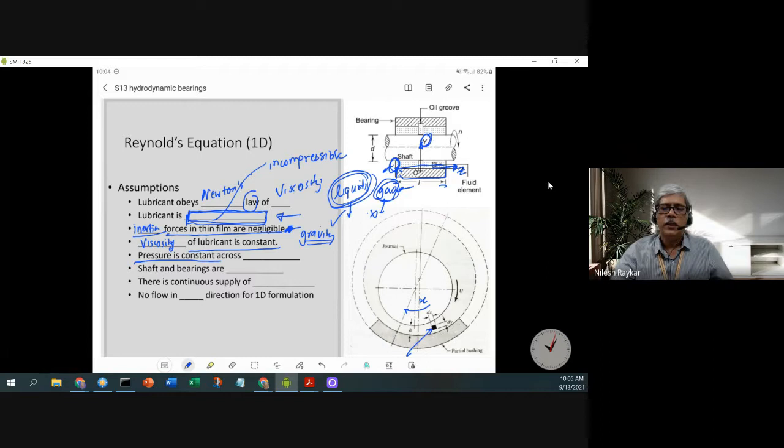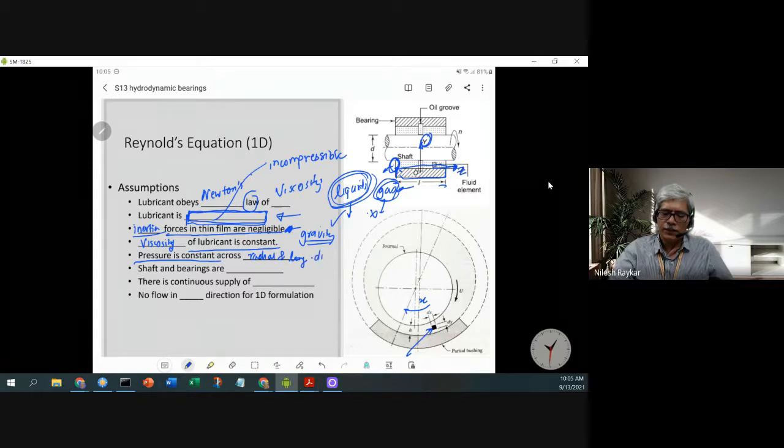The assumption that Reynolds made in this development is that pressure is constant across the radial direction. And second, the sleeve is infinitely long, so there is no variation in the Z direction as well. So pressure is constant across the radial and longitudinal directions.